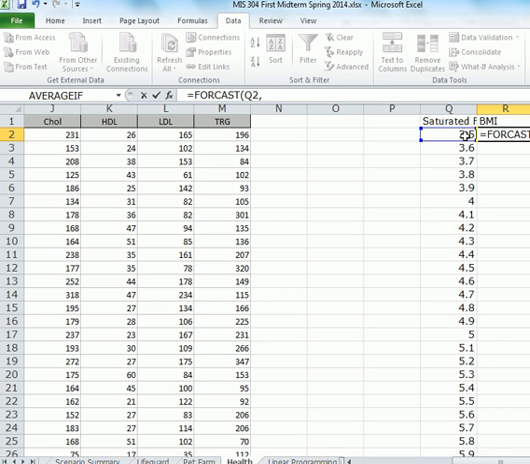So remember, if I want to forecast BMI using the saturated fat, it starts with saturated fat, all values for BMI, all values for saturated fat. BMI, SAT, and then BMI again.